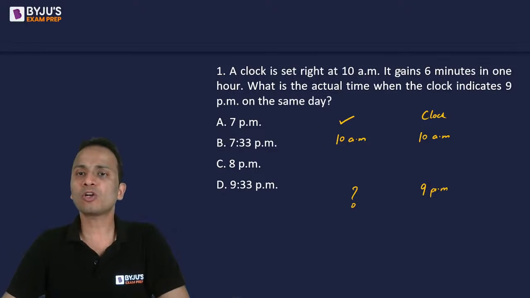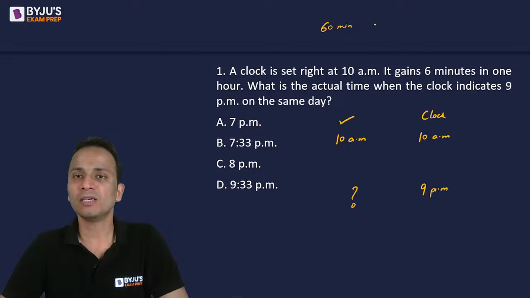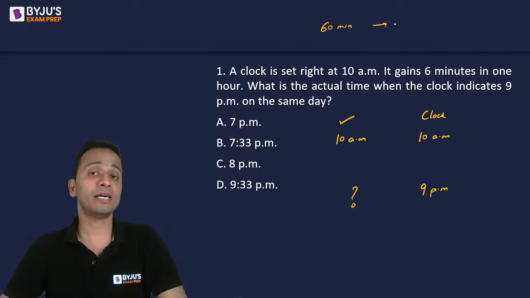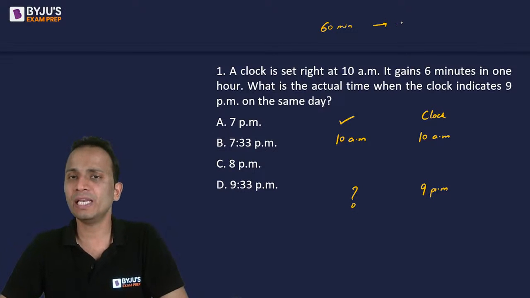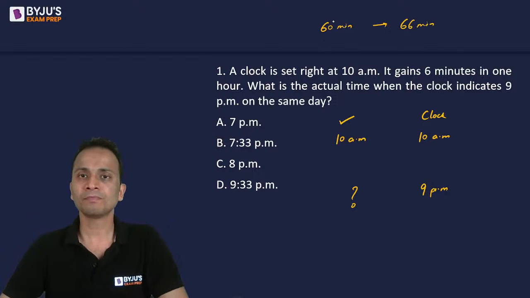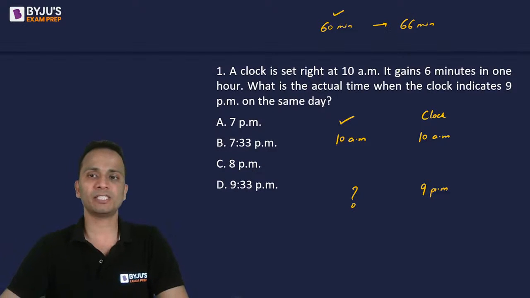The clock gains at a rate of 6 minutes in 1 hour. So when the correct time elapsed is 1 hour, that means 60 minutes, in this clock an additional 6 minutes will elapse, that means 66 minutes will elapse.